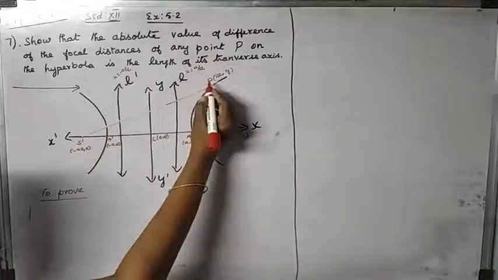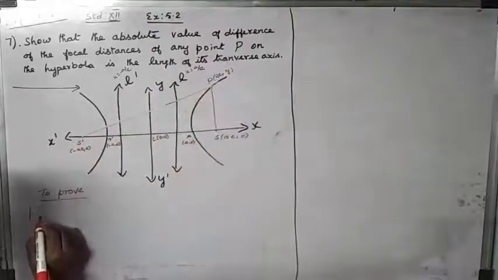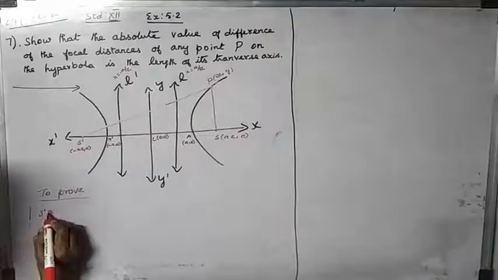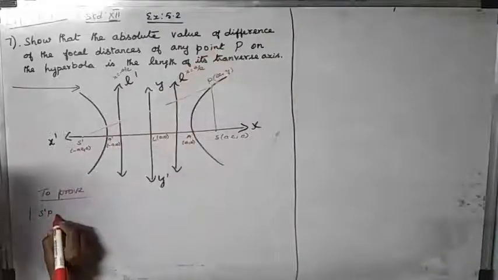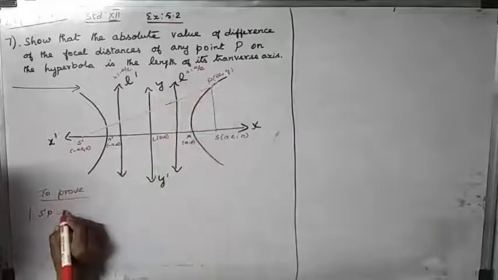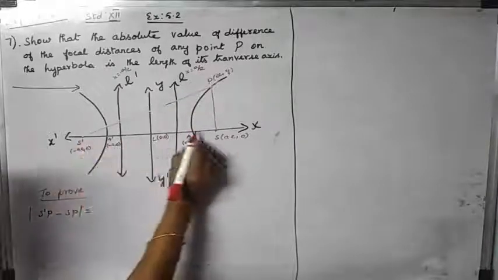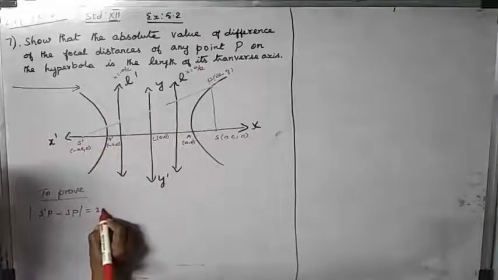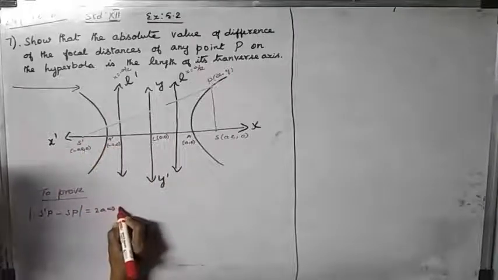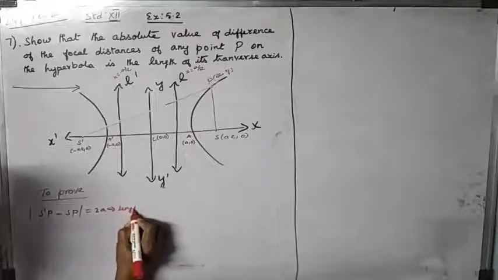So S dash P is the greatest distance, so I will take S dash P, and the difference means take minus SP, is equal to the length of the transverse axis, 2a.